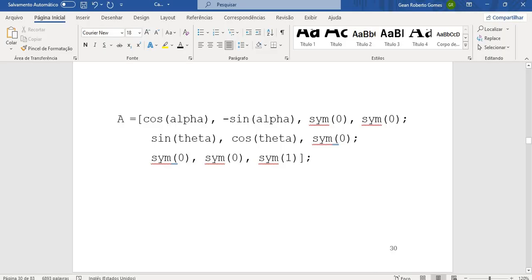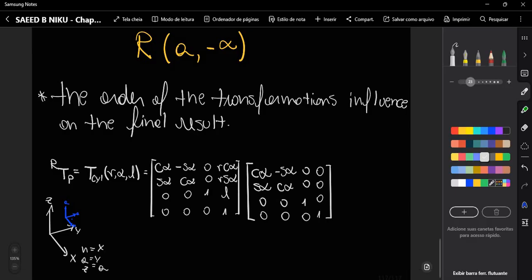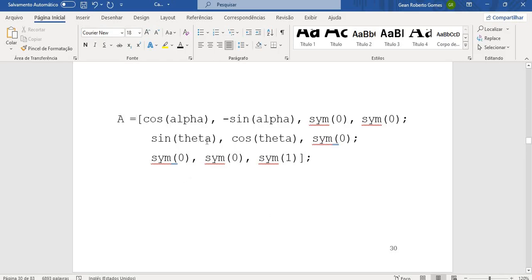Okay, and sine of alpha, cosine of alpha, sine of alpha. Cosine of alpha, 0, 0, and we have to add sines.